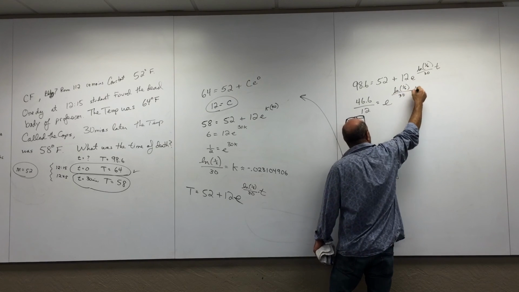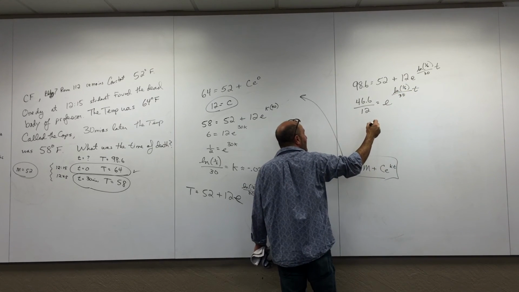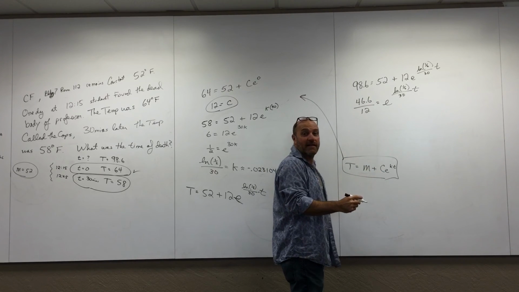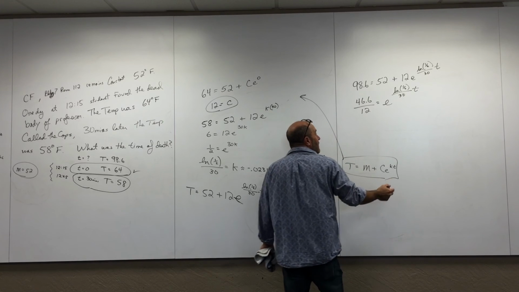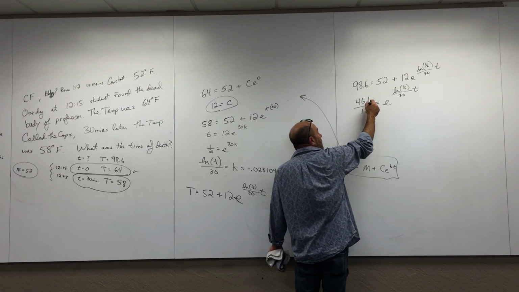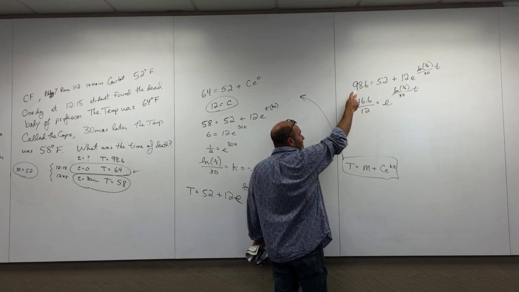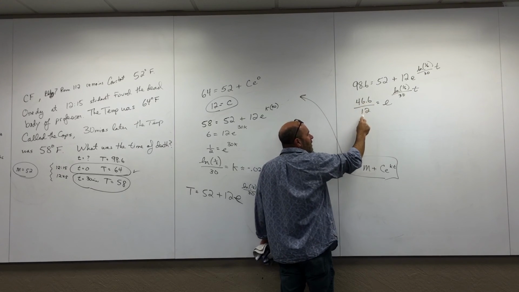I got negative 58.719 minutes. Okay, hold on. So what did I do? I subtracted, I divided. Yeah, 46.6, and divide by 12, which is not nice.